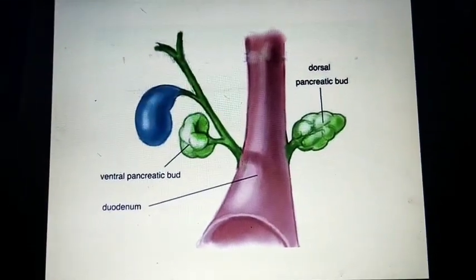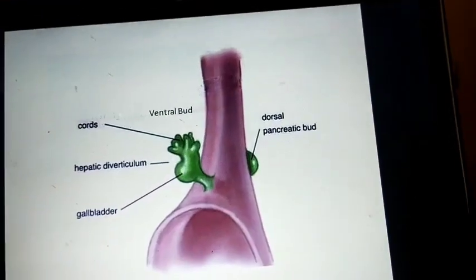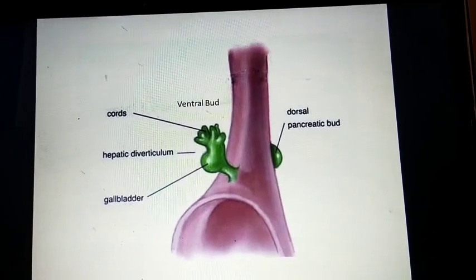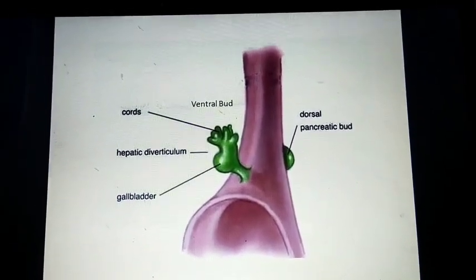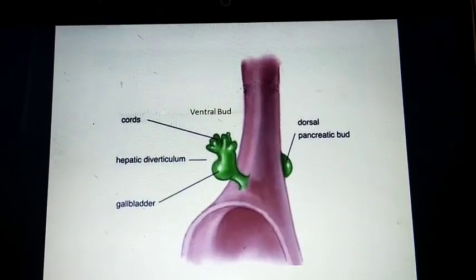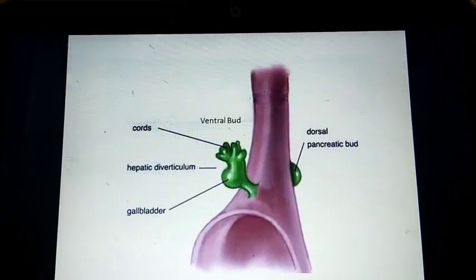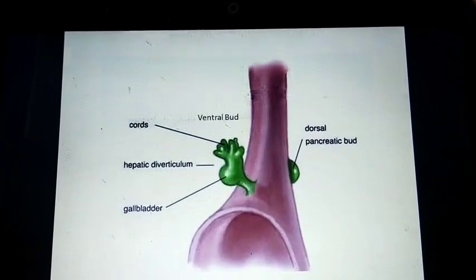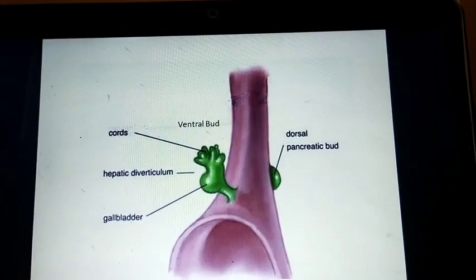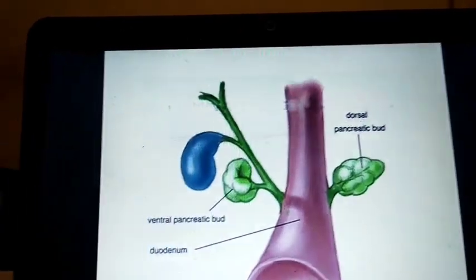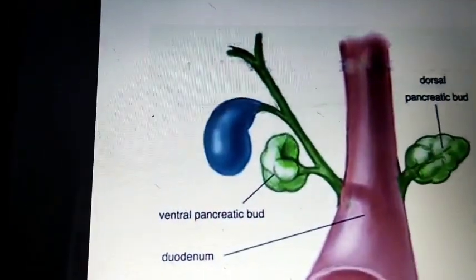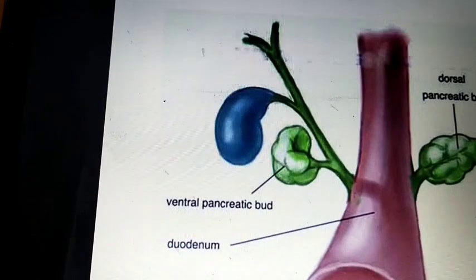Here you can understand that at the ventral wall a bud-like structure appears, the hepatic diverticulum. This hepatic diverticulum develops and forms the intrahepatic and extrahepatic biliary tract.